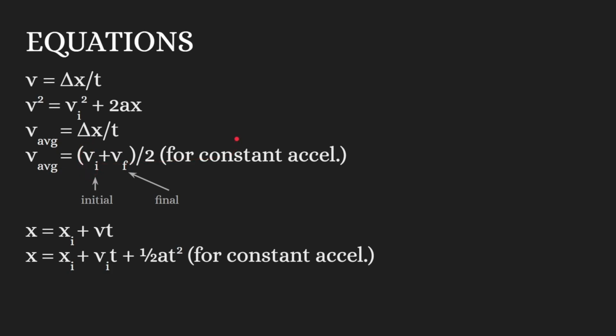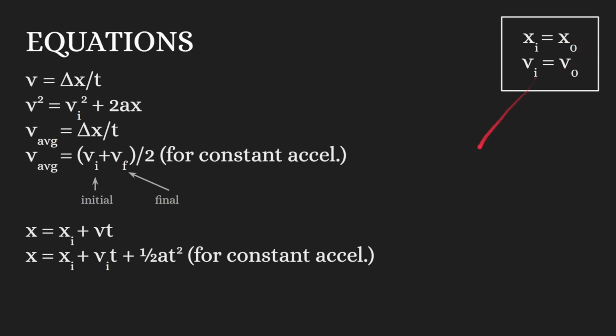I suggest searching on Google if you want to find more equations, talk with your teacher, know what you have to use. And sometimes, instead of putting i as the subscript, a 0 is used. But the 0 and i mean the same thing, the initial position or initial velocity.